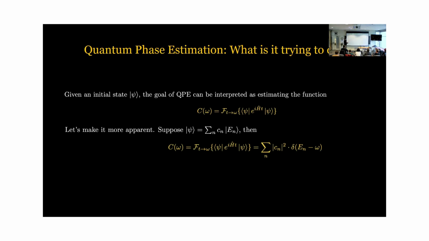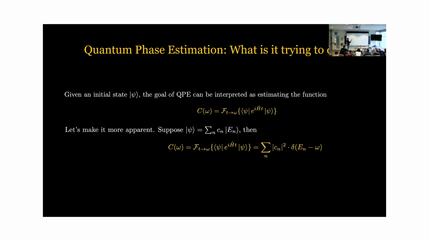say your state is a linear combination of eigenstates. You can decompose it as a linear combination of the eigenstates of the Hamiltonian or the unitary. Then the Fourier transform becomes a function where at frequency omega, you measure the overlap of the state with all the eigenstates that have frequency omega.